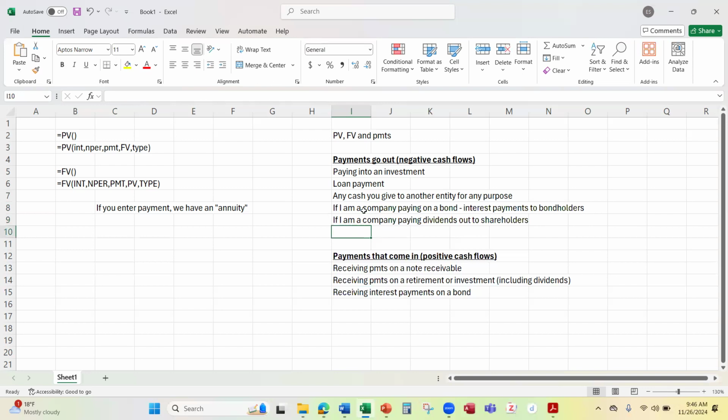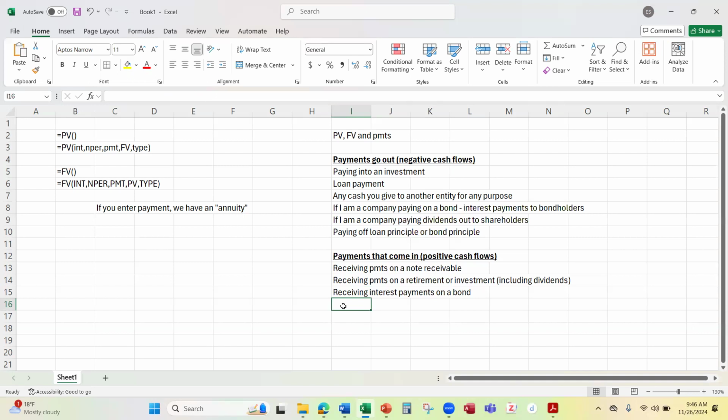So you see, we could be on either side of a transaction, depending on whether we are an investor or the company receiving money that is an investment. Okay, so there are some different examples.